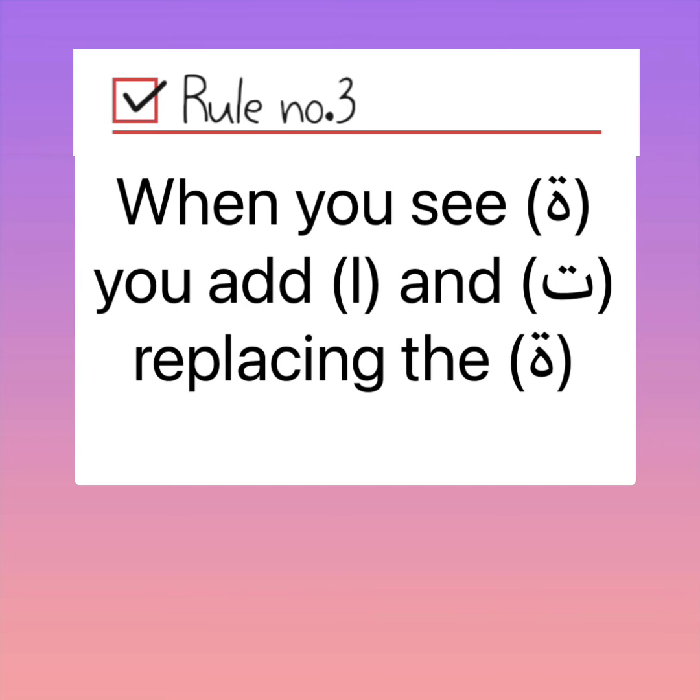Before we go on to rule number 4, I want you to solve this exercise. حافلة. I want you to change it to buses, but in Arabic. Please pause the video and write your answer in the comment.